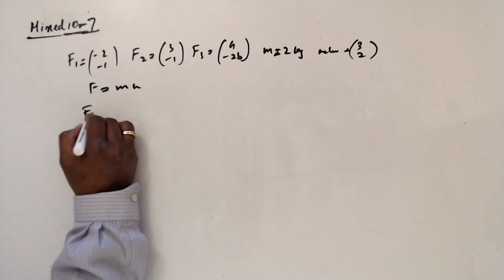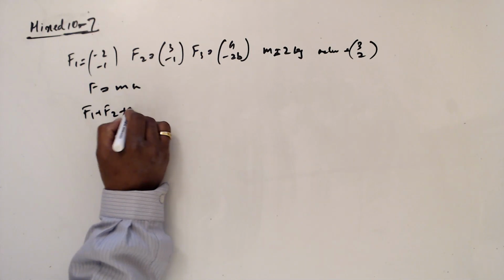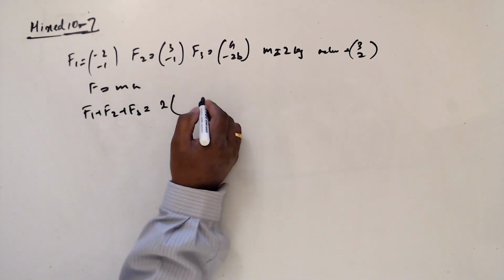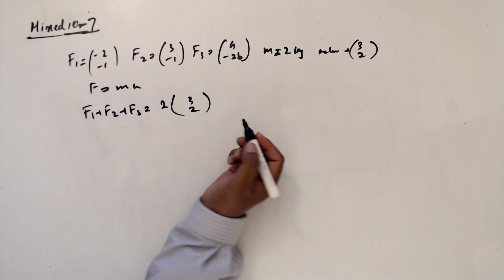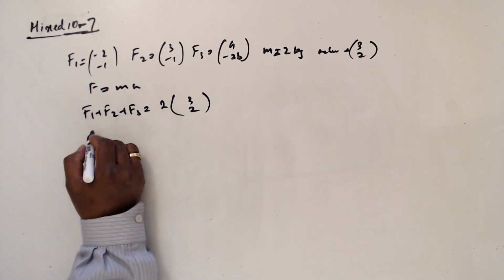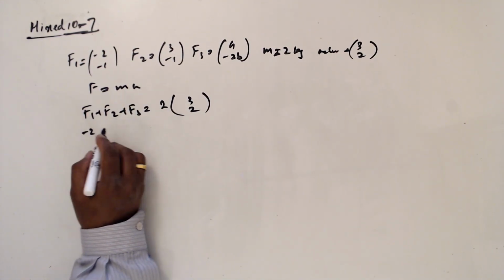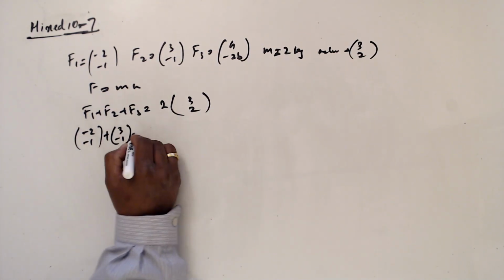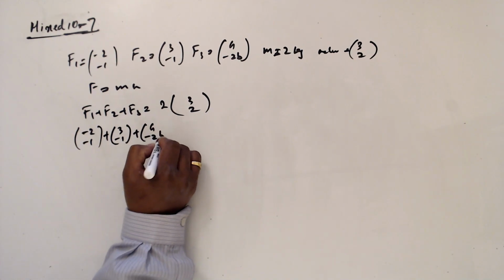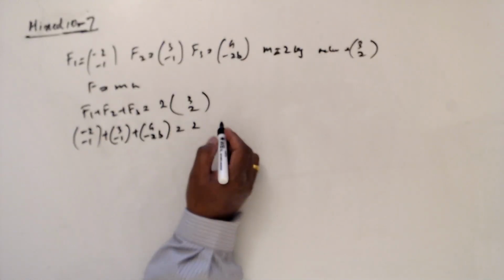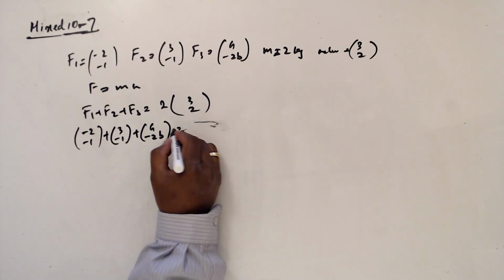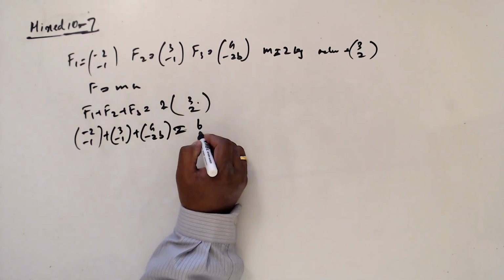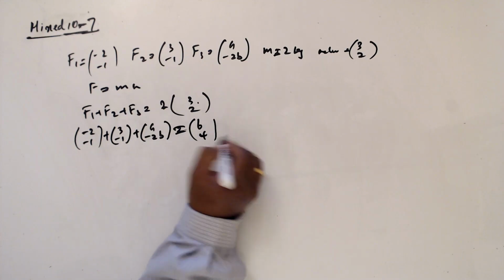So this is F1 plus F2 plus F3 equals m, which is 2, times a, which is 3 and 2. So this is minus 2, minus 2, plus 3, minus 1, plus a, minus 2b equals, I will expand this one, 2 times 6 and 4.